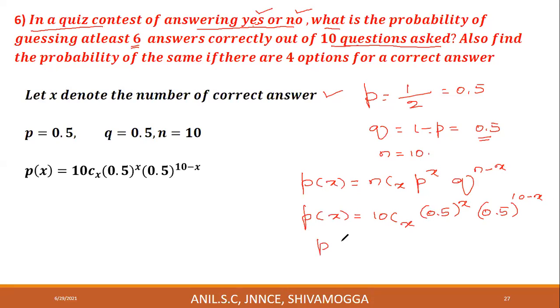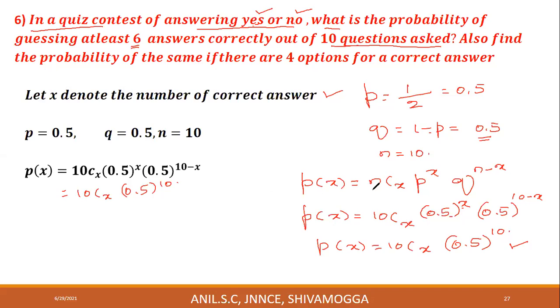Here bases are the same. In such cases, we add the powers. 0.5 power x plus 10 minus x is 10. This is the probability function: 10Cx into 0.5 power 10.